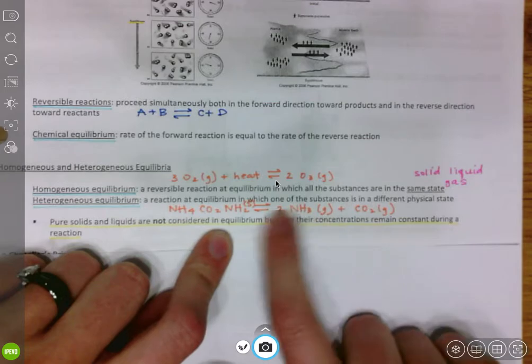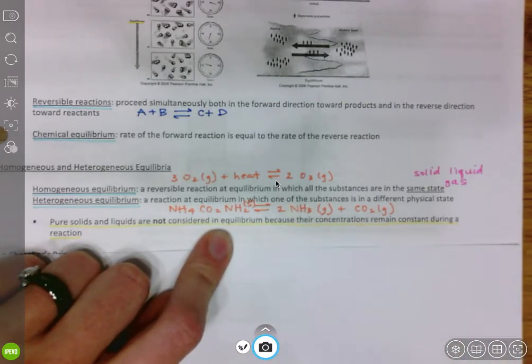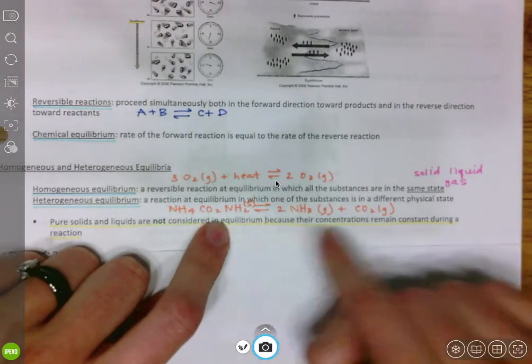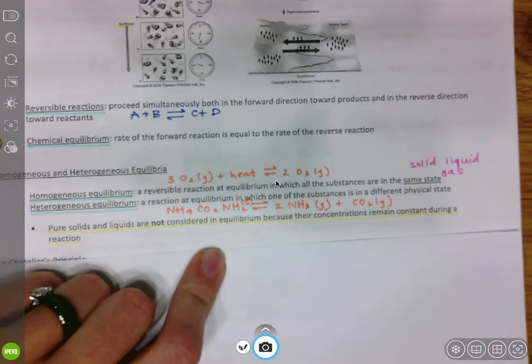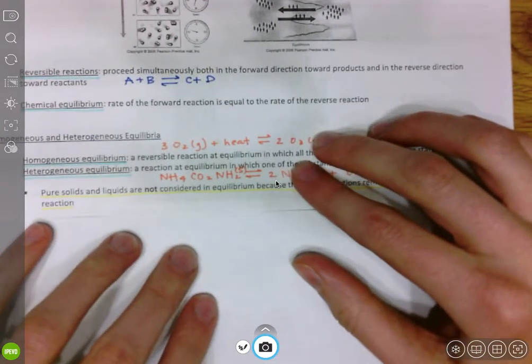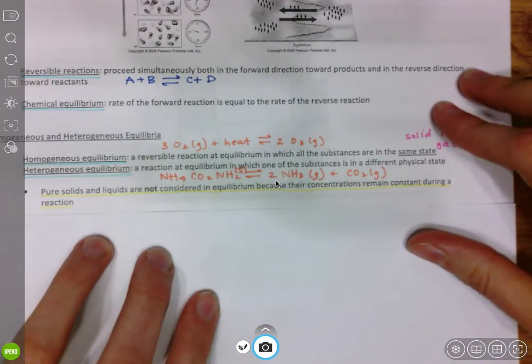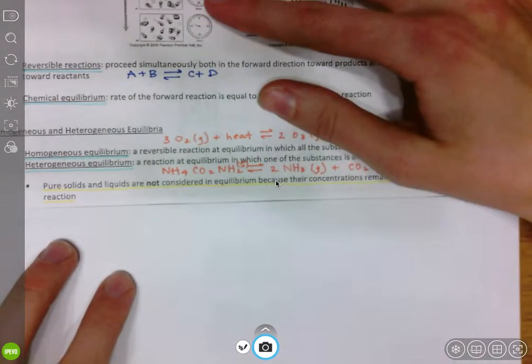But we're going to be making gas and gas, so ammonia gas and CO2 gas from this solid. So here we have a solid and two gases. These are different physical states. So that is heterogeneous equilibrium. Pure solids and liquids are not considered in equilibrium expressions because their concentrations remain constant during a reaction.